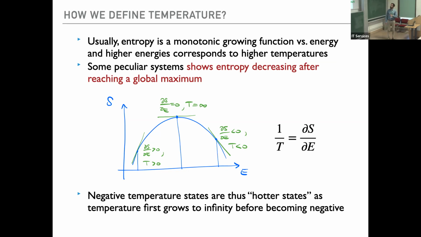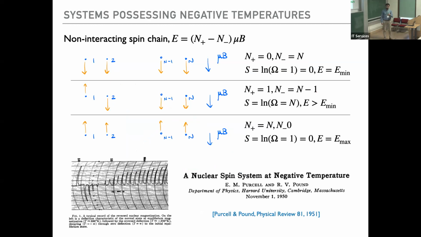So how can we think about a very simple system where we can have this type of behavior? For example, you can think about a non-interacting spin chain. It's even easier than the Ising model, because this spin chain is non-interactive, so the spins of this chain are completely independent of one another. Let's suppose that we couple this system with an external magnetic field having intensity B. In my cartoon, the magnetic field is pointing downwards.